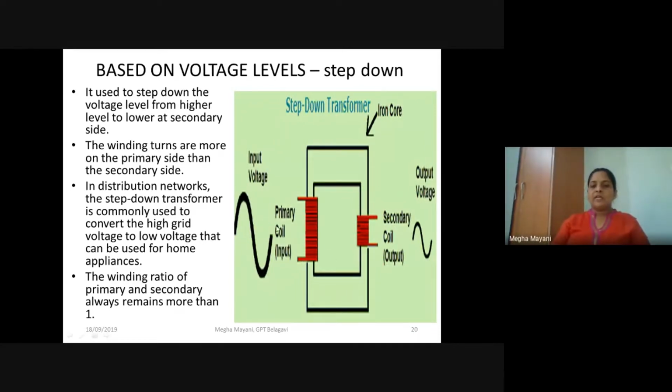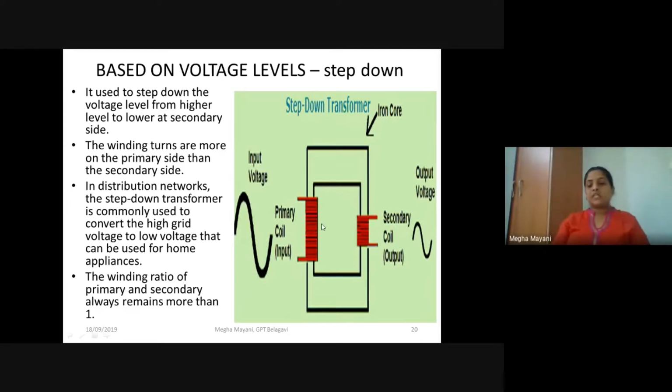You have the transformer and a primary winding to it and a secondary winding to it on two different limbs. If you look at the input voltage and compare that with the output signal across the secondary, we could find that there is a drop or there is a step down. Hence such types of transformers are called step down transformers.